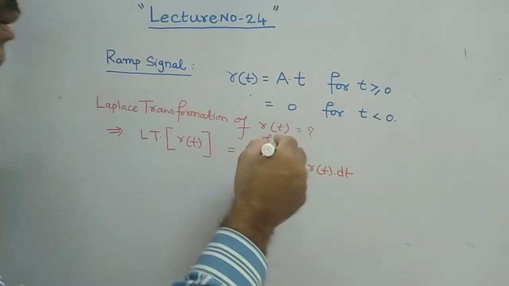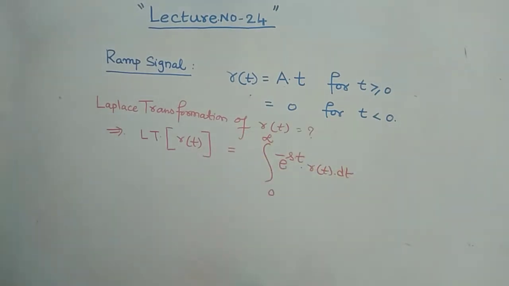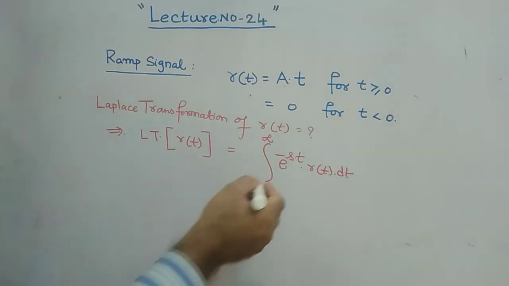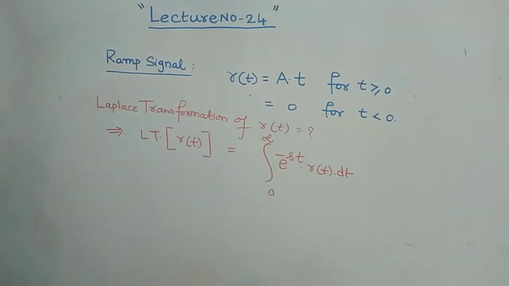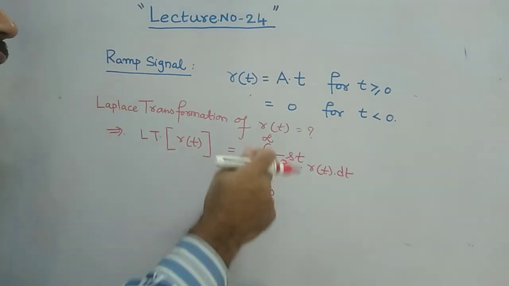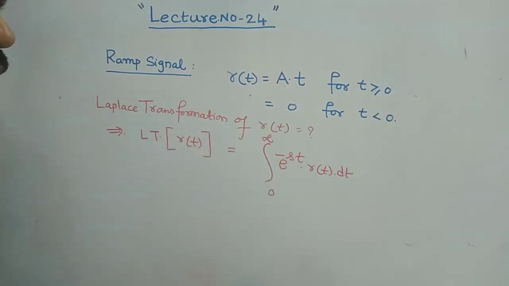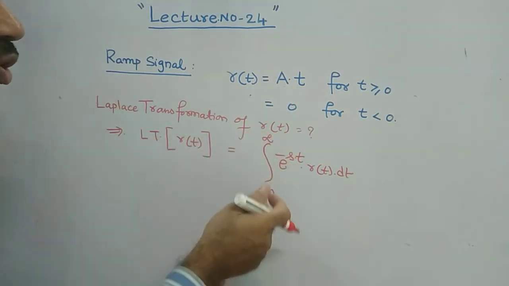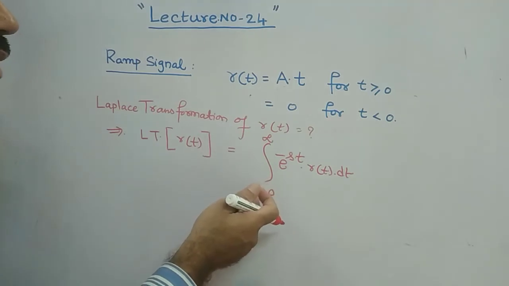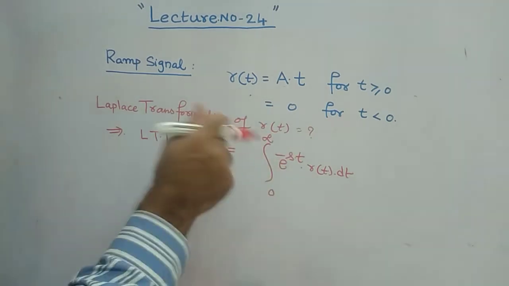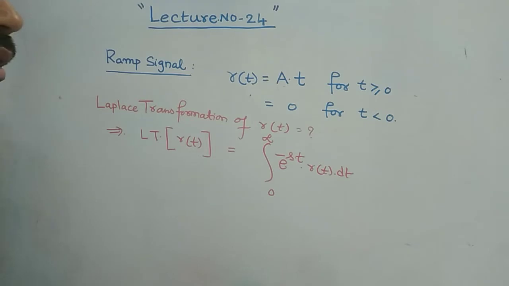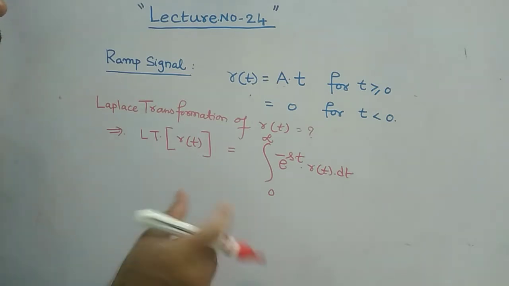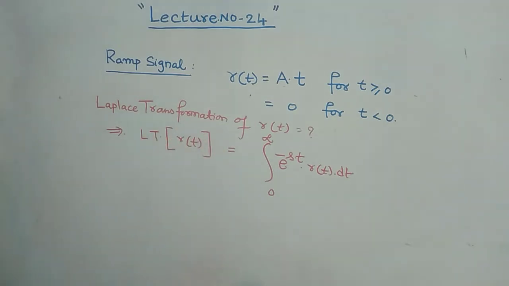This is in general called unidirectional, or sometimes also called unilateral Laplace transformation. If you take the range of the limits from minus infinity to plus infinity, then that is called bidirectional, or otherwise also called bilateral Laplace transformation.